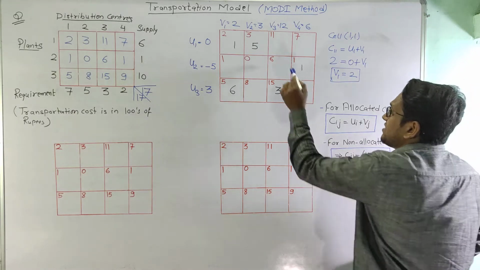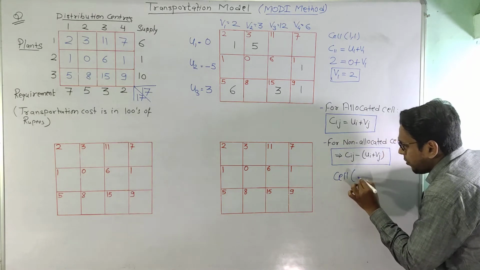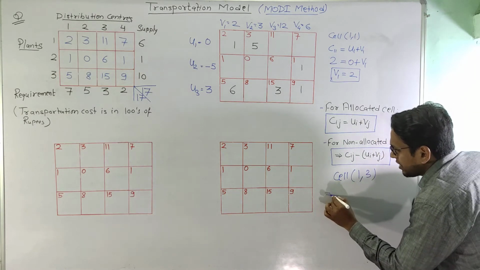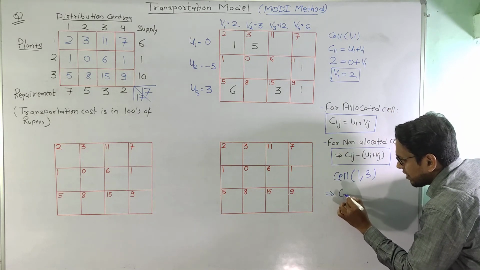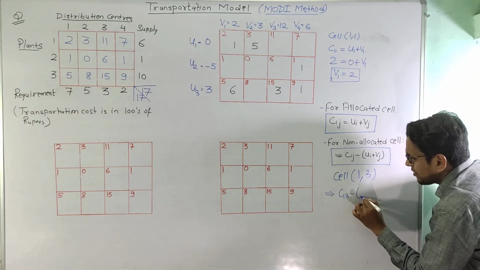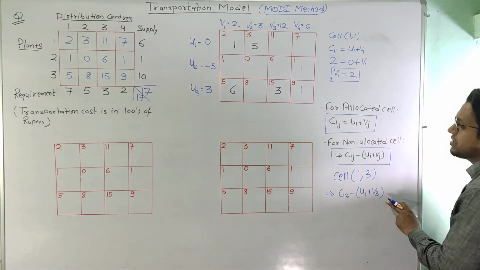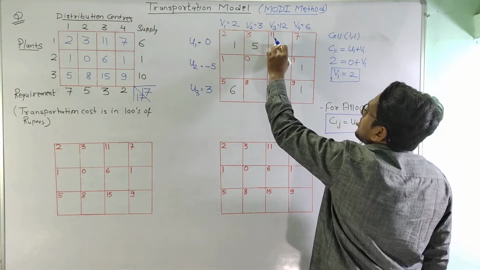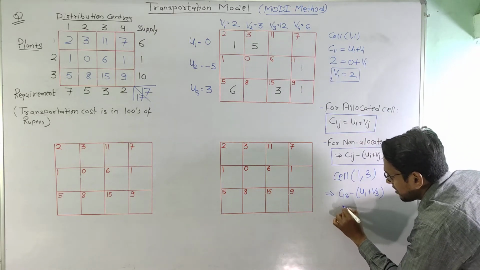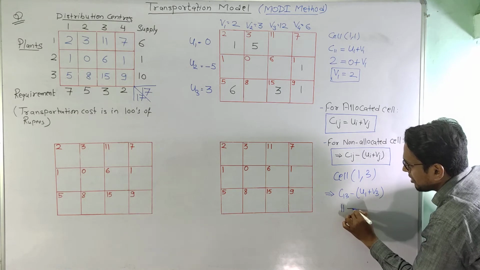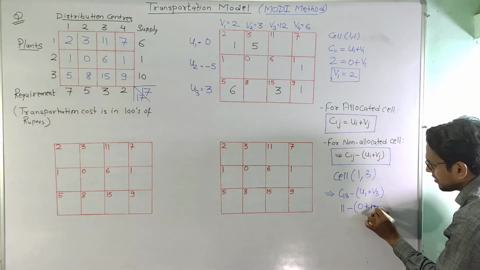Suppose we consider cell (1,3). Here C13 is 11, so we have C13 minus (u1 plus v3), which is 11 minus (0 plus 12).